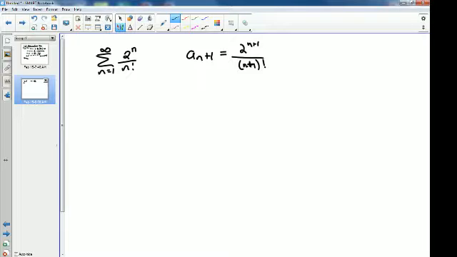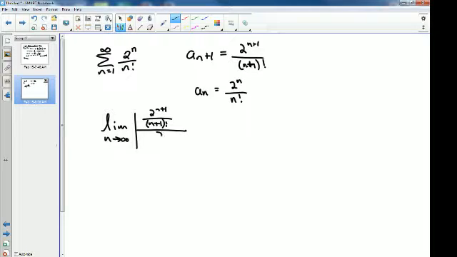Because the book says prove that it converges. With the factorial, after it gets to a certain point, it just explodes. A sub n is still 2 to the n over n factorial, right? So we need the limit as n approaches infinity of 2 to the n plus 1 over n plus 1 factorial, over 2 to the n over n factorial.